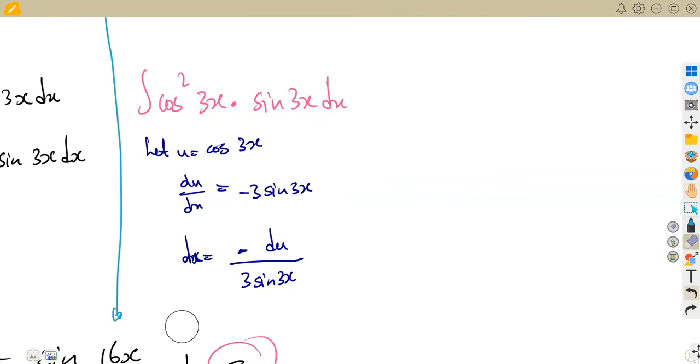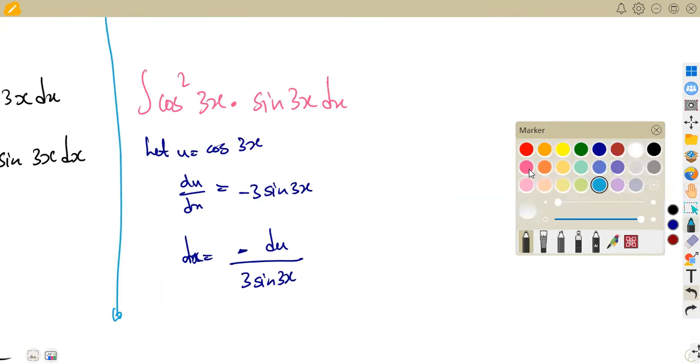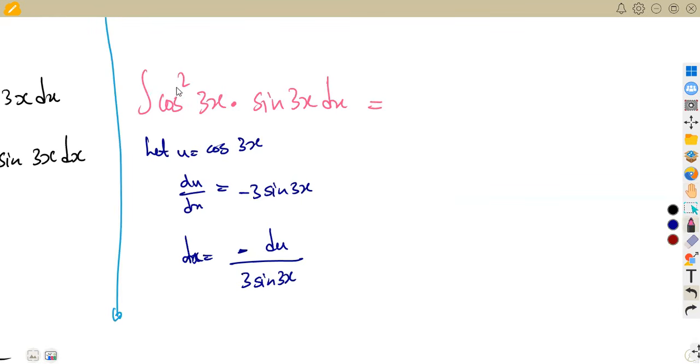Okay, let's just hope I didn't erase something that I want. All right. So this will be the integral of this, which is now u. Remember we said let u be equal to cos. So it's going to be u squared times the sine of 3x.